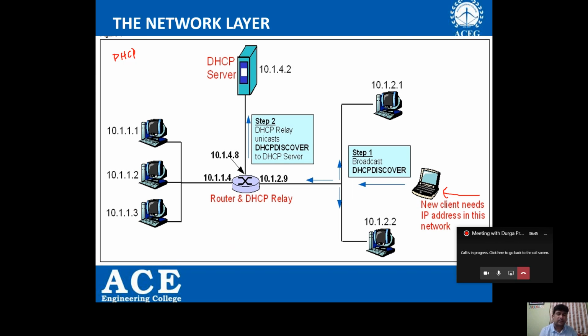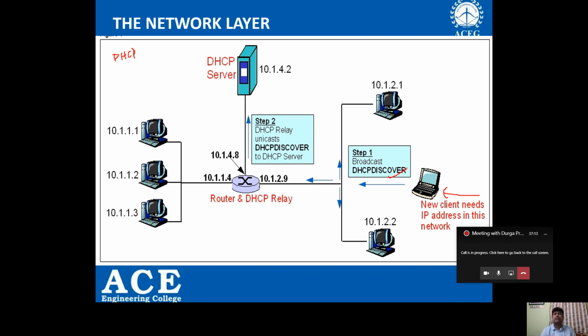So what I do here, first step, I will try to broadcast a request saying, hey boss, I have just joined the network and I need an IP address. So do we have any DHCP server in this network? The request which I am broadcasting to all the devices in the network, we call it DHCP discover. This is the first step in the process of assigning an IP address by DHCP.